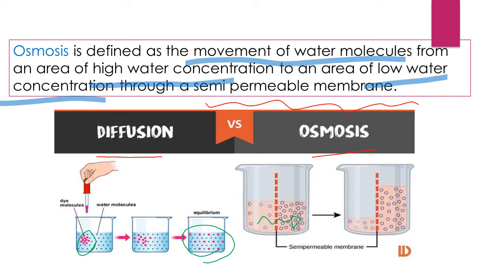Because on the left side, the water has high water potential, but on the right side, we have low water potential. So the water will move from the left side to the right side. This is the meaning of osmosis.